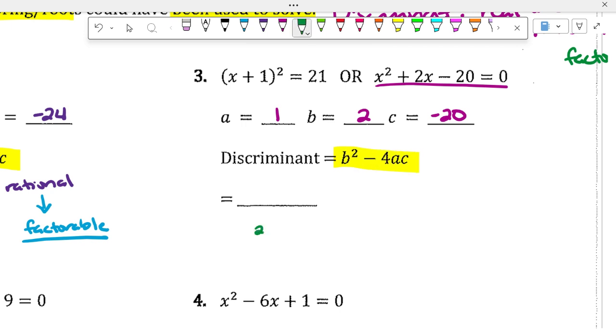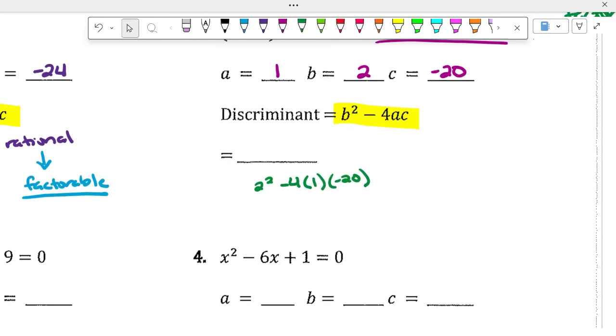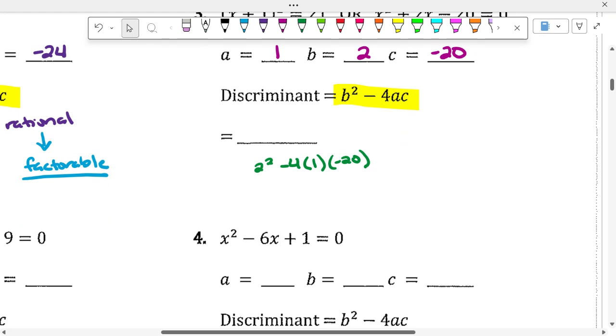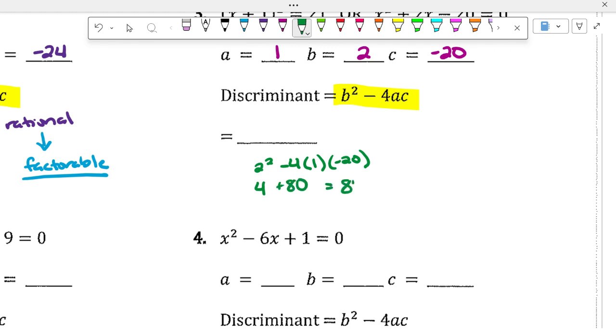I have 2 squared minus 4 times 1 times negative 20. So what's 2 squared? 4. Negative 4 times 1 is negative 4, times negative 20. Not negative, positive 80. So my discriminant is 84.